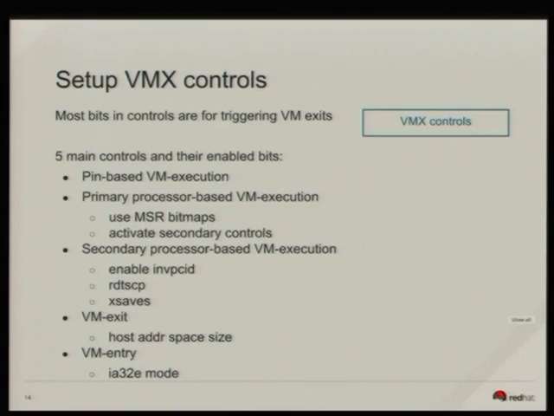But there is no point if the hardware can do that. Then in VM exit, we just set up this bit to make sure that the host address space is preserved. And in VM entry, because we are going to be entering in 64-bit mode already, then we set up this IA32E mode.